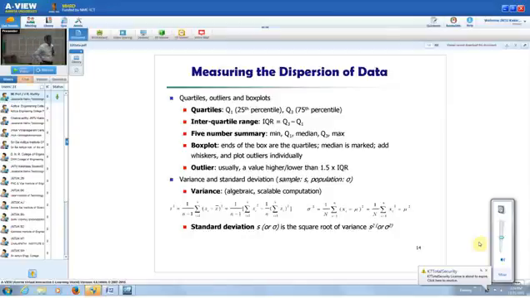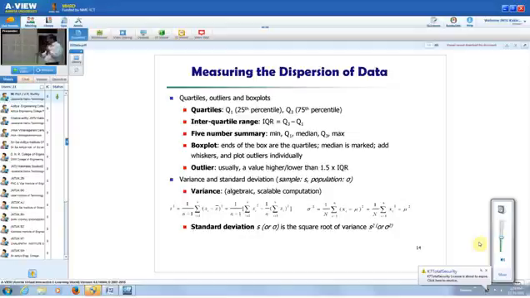So this is what we consider. We consider Q1, Q2, Q3. They are the three quartiles, and you consider the minimum of the data set and the maximum of the data set.